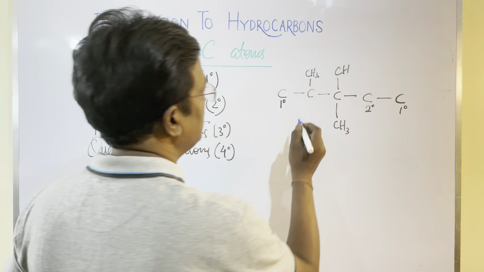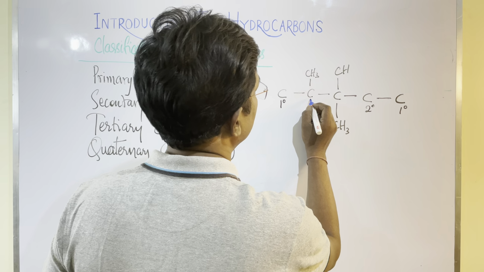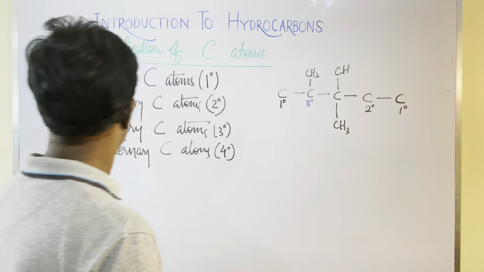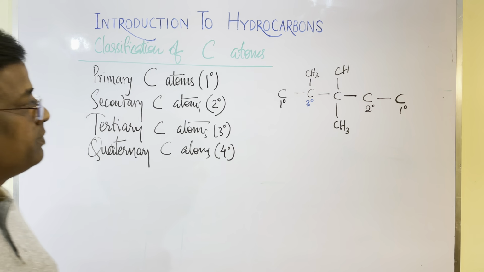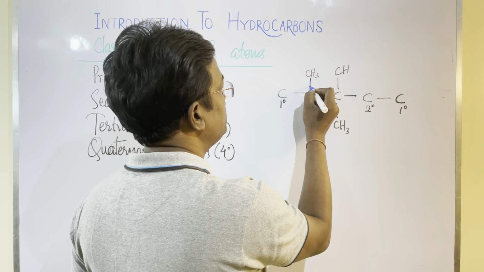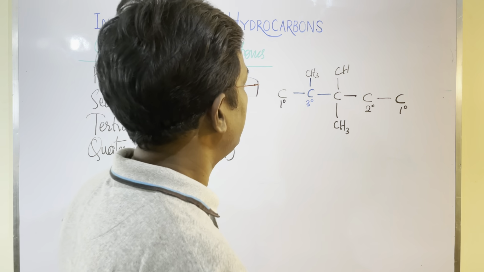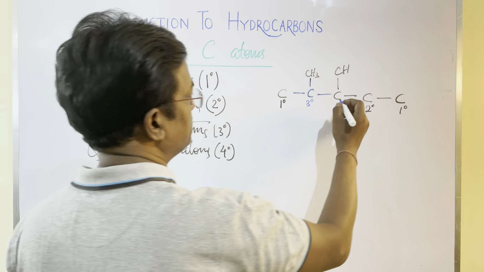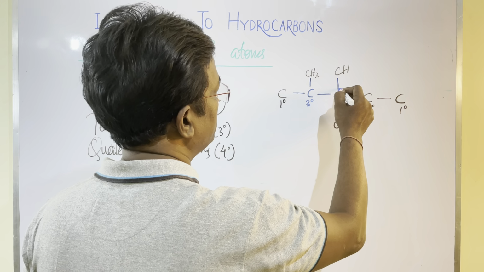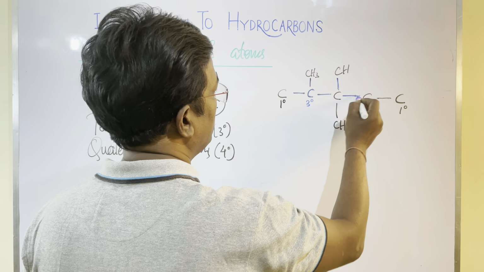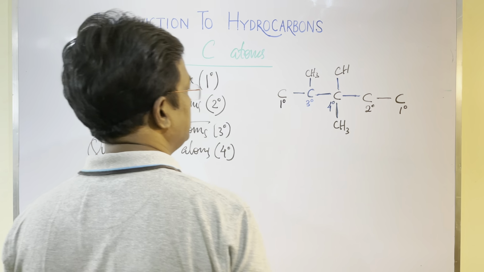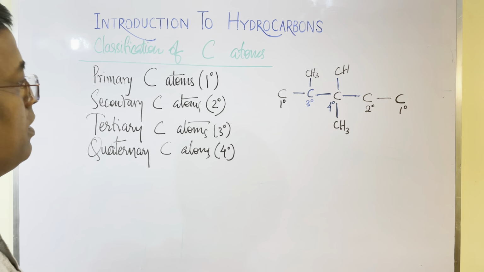Similarly here, and now this one is your tertiary carbon atom because this carbon here is attached with this 1, 2 and 3 other carbon atoms directly, and this carbon is connected with 4 other carbon atoms, see, in all the directions 4. So this is called a quaternary carbon atom.